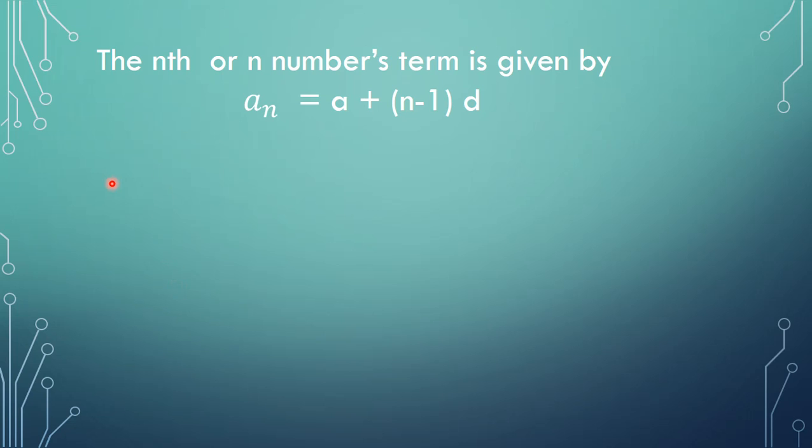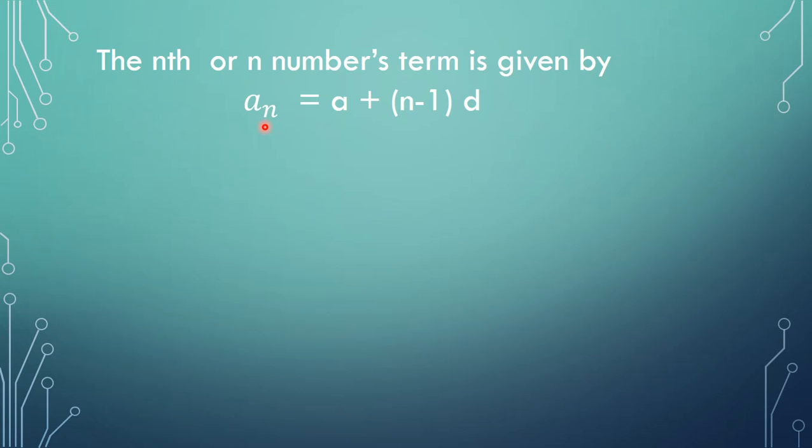Now there is the formula for nth term of an AP. So this is given by An, where this An denotes the nth term and it is equal to A plus n minus 1 into D, where A is the first term, D is the common difference and n is the number for the term, that is, which term we are finding.